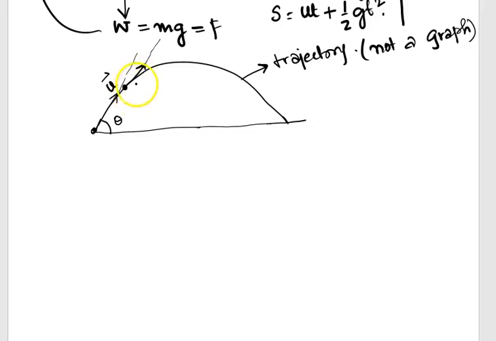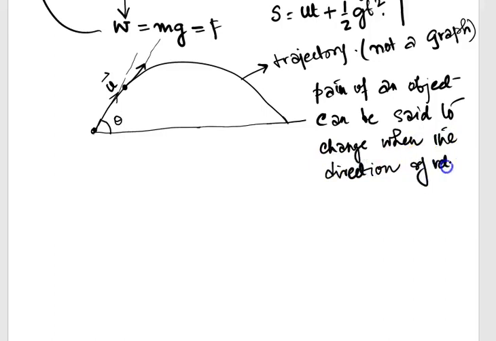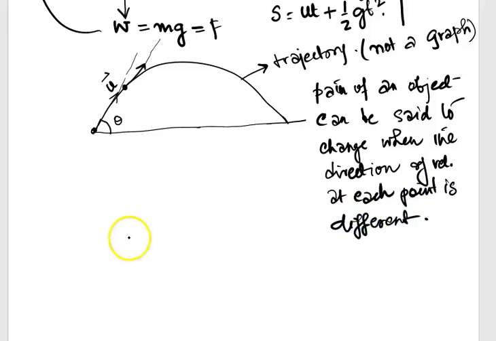It is that the path of an object can be said to change when the direction of velocity at each point is different, right?